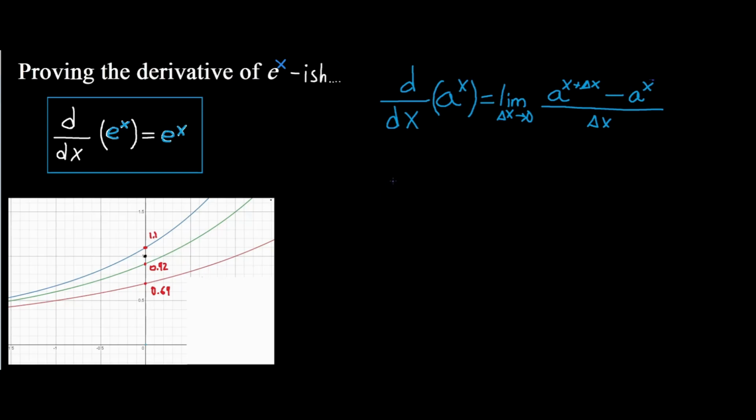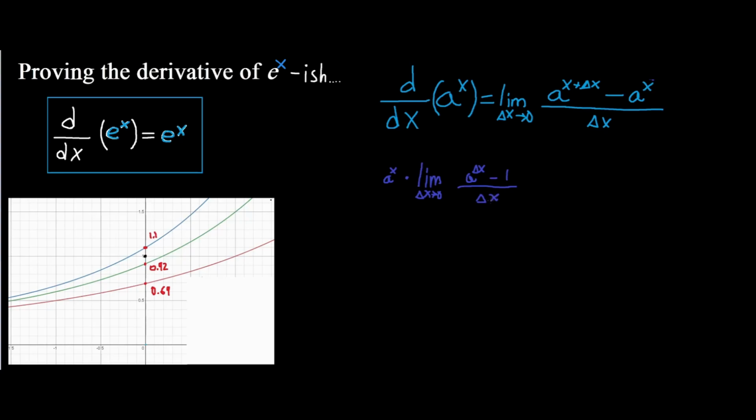So I'm going to write a to the x times the limit as delta x approaches 0 of a to the delta x minus 1, because when you factor out the a to the x, it becomes 1, over delta x.